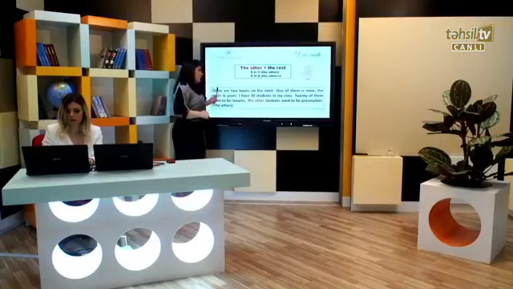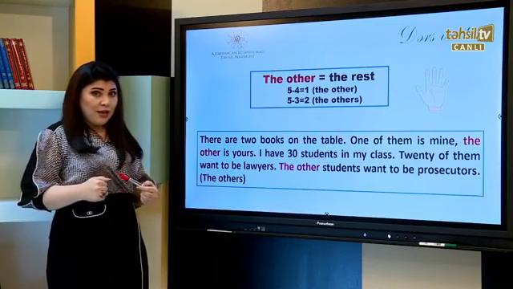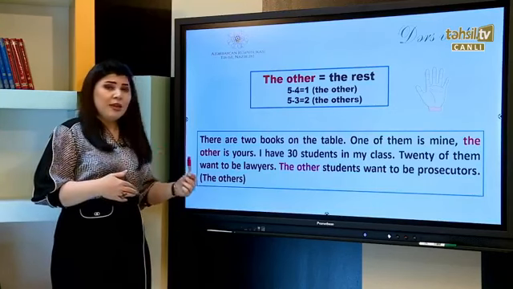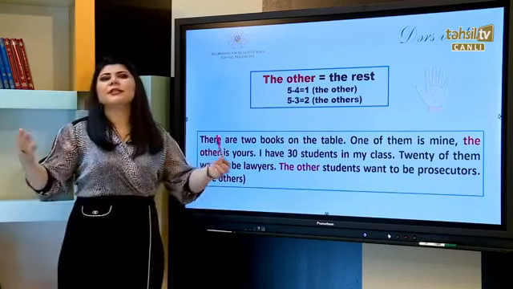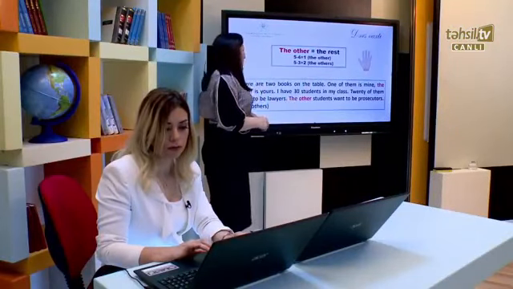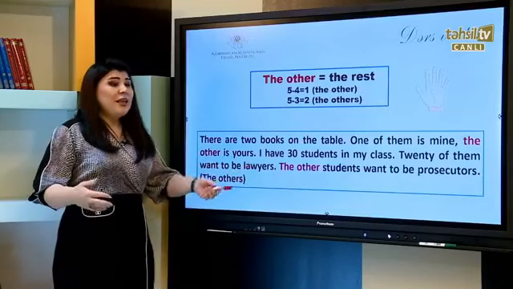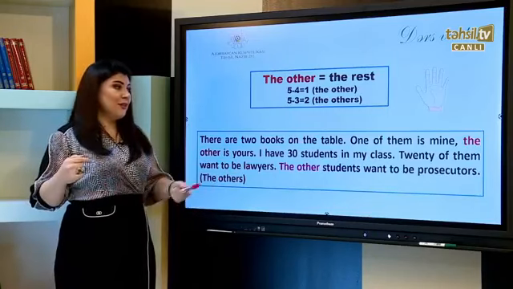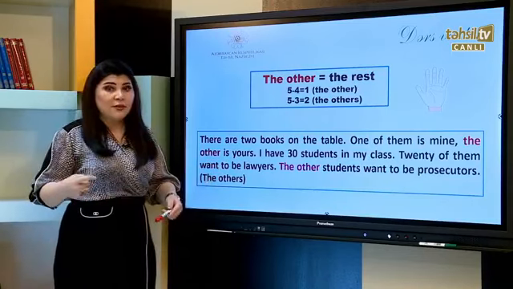There are 2 books on the table. One of them is mine, the other is yours, okay? Or I have 30 students in my class. 20 of them want to be lawyers. The other students want to be prosecutors, okay? Why I said the other students?